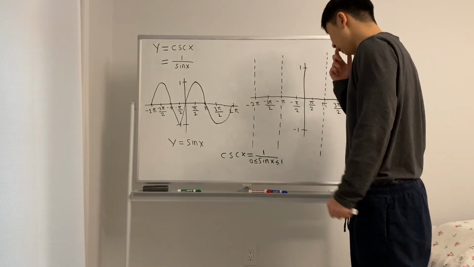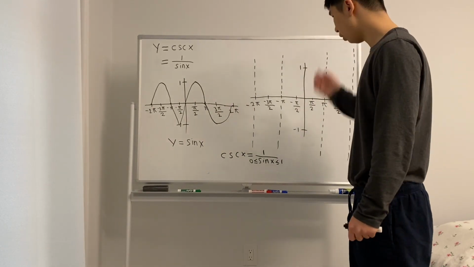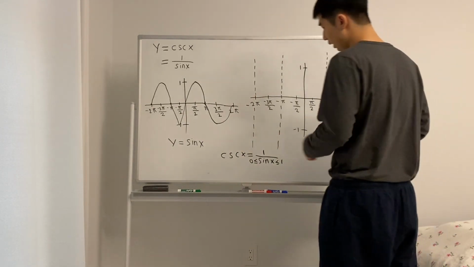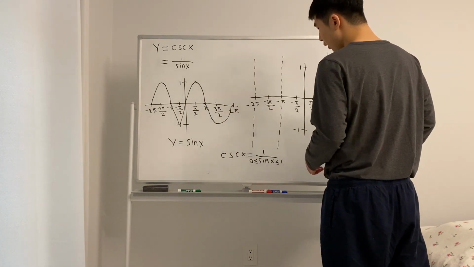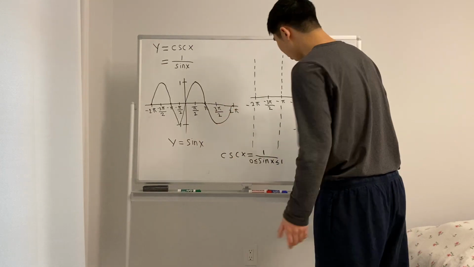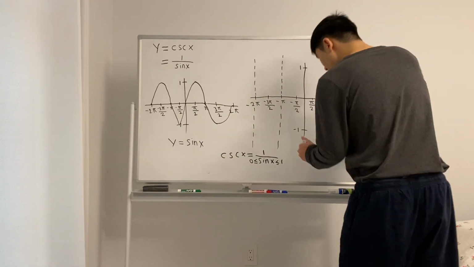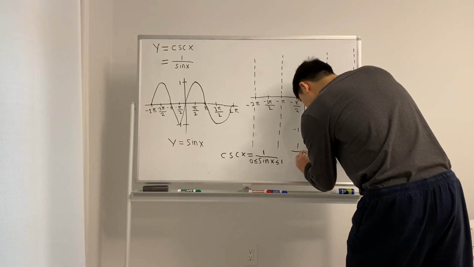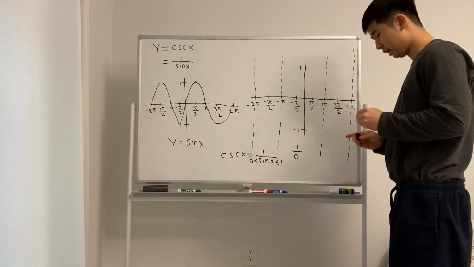Hopefully now it makes more sense what I'm going to do. If sine can equal 0, then 1 over 0 is undefined, right?